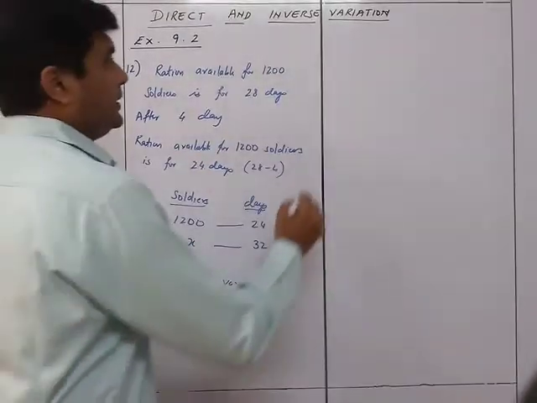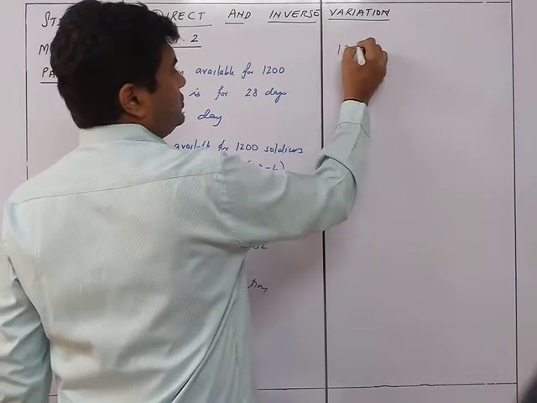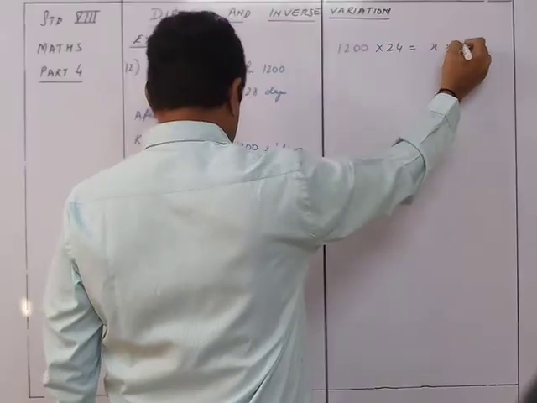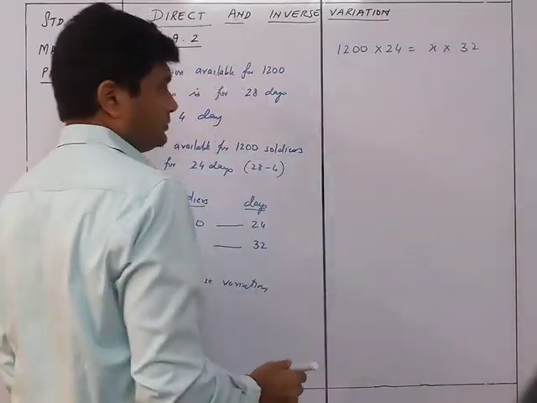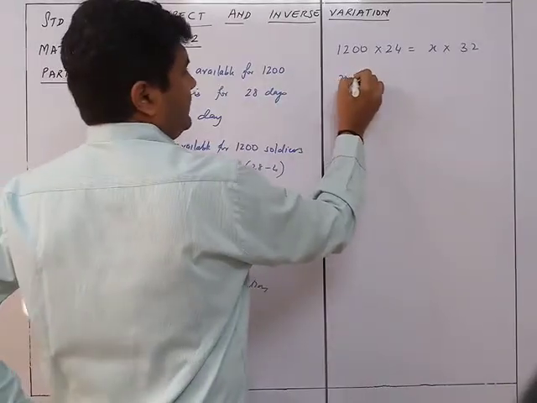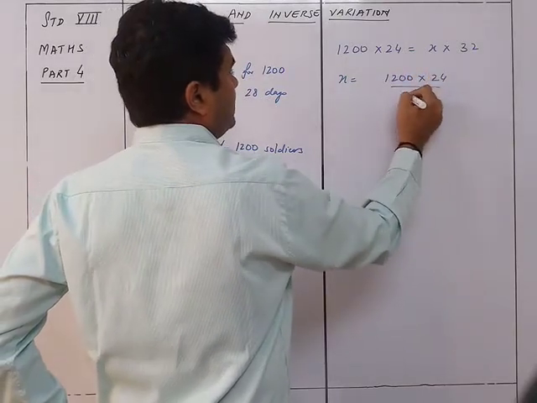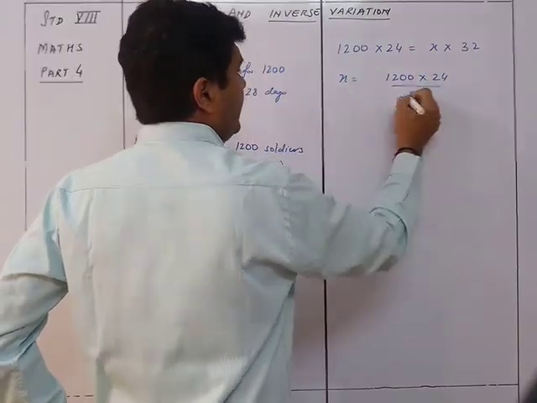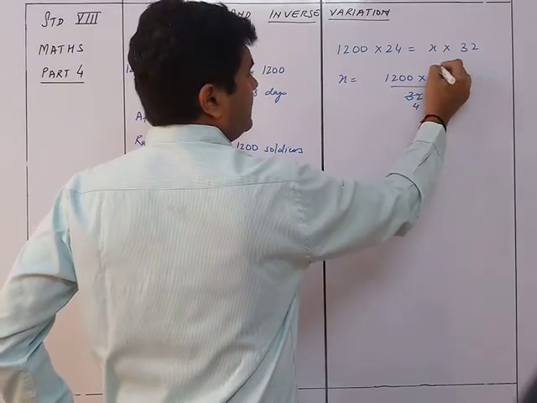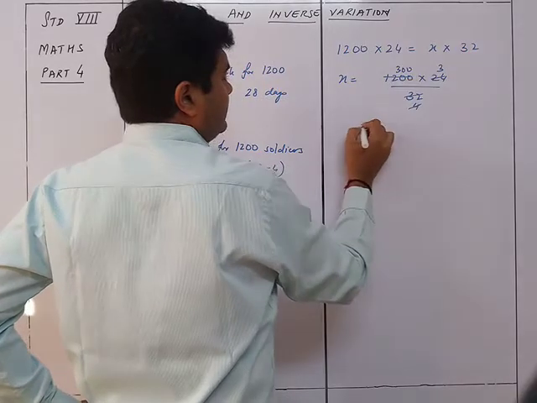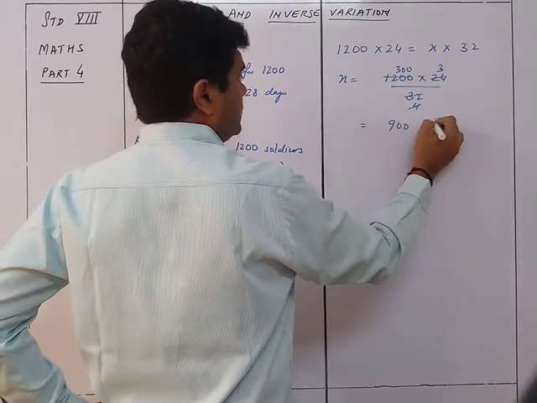So we have over here 1,200 into 24 is equal to X into 32. So X is equal to 1,200 into 24 upon 32. 8 4s are, 8 3s are, 4 and 3s are. So this is equal to 900 soldiers.